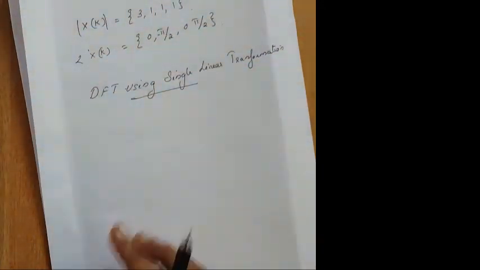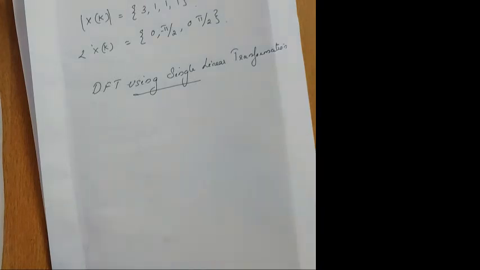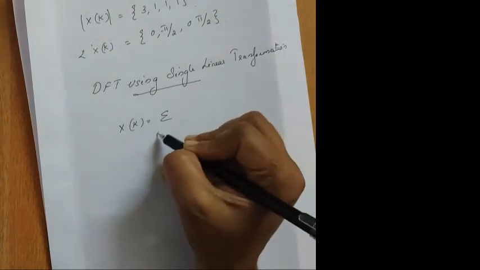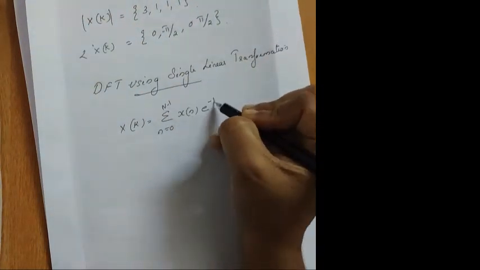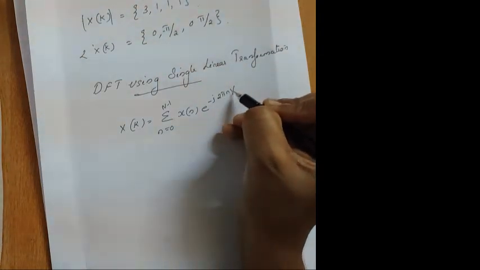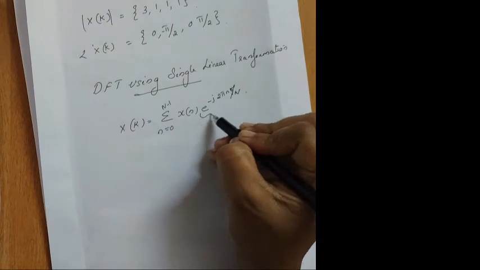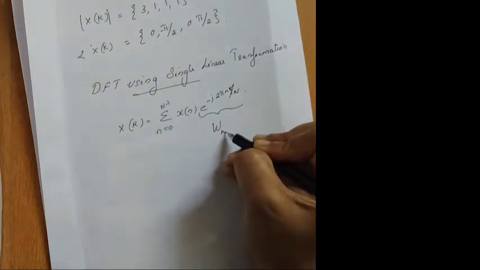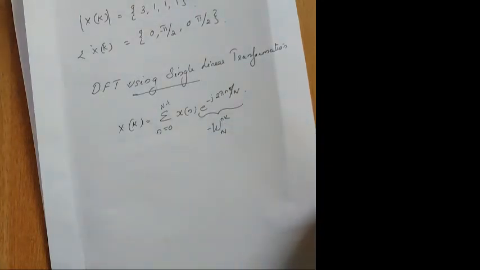You can use the DFT using a single linear transformation. How do you come to a single linear transformation? You know the equation X of k is equal to summation n is equal to 0 to N minus 1 x of n e raised to minus j 2 pi n k by capital N. So this whole term you are changing to a twiddle factor called omega N raised to nk.